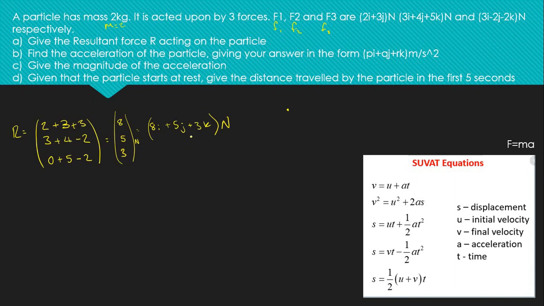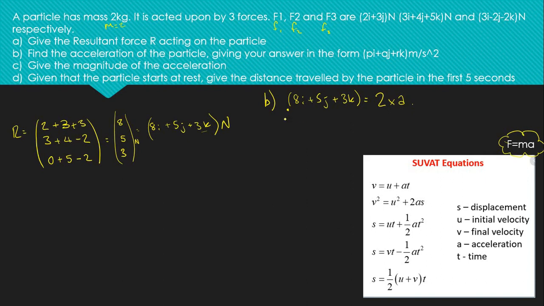Now finding the acceleration of the particle, this is part B, relies on you being able to use this F equals ma formula. So for part B, you've got the resultant force, which is this stuff. So we've got 8i plus 5j plus 3k is equal to mass, which is 2, multiplied by the acceleration, which is a.